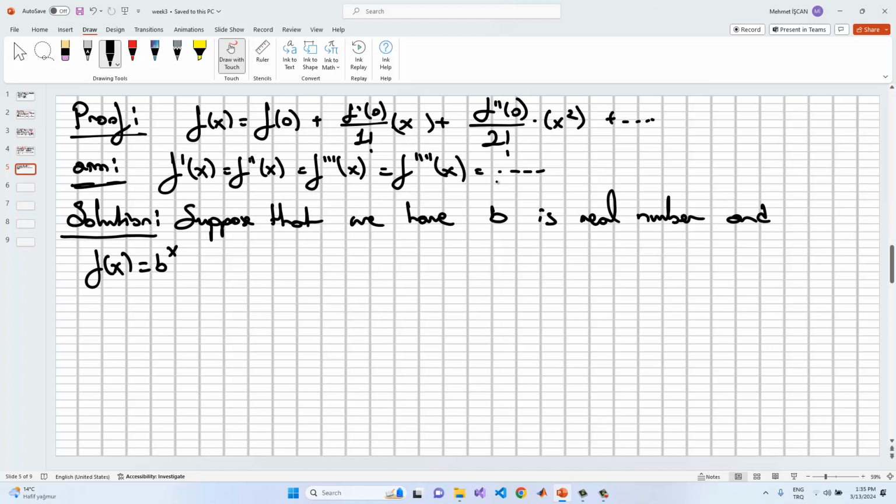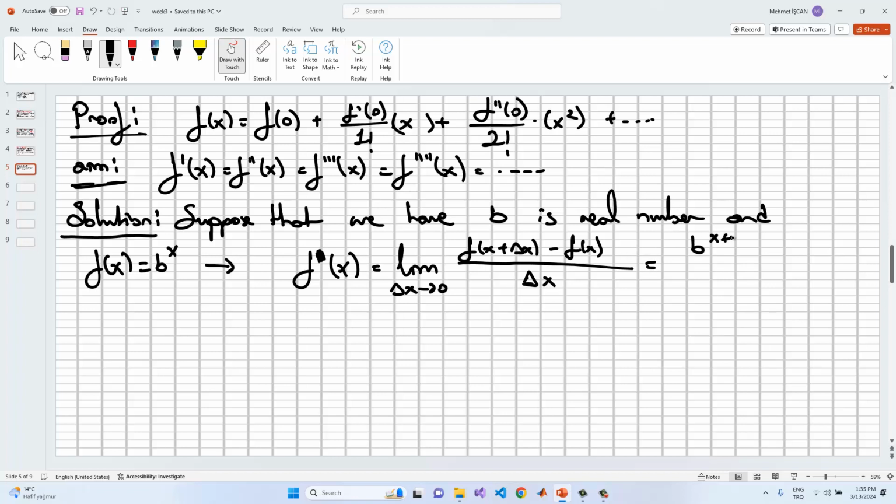And after that, in order to provide this feature, we can use this nomination: f'(x) is equal to the limit as delta x goes to 0 of f(x plus delta x) minus f(x) divided by delta x, right? And so if we are writing this nomination, then b^(x plus delta x) minus b^x divided by delta x, okay?